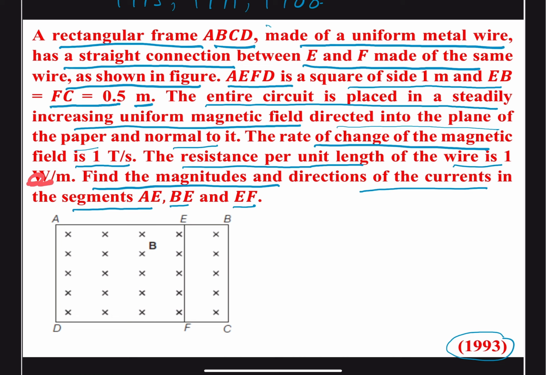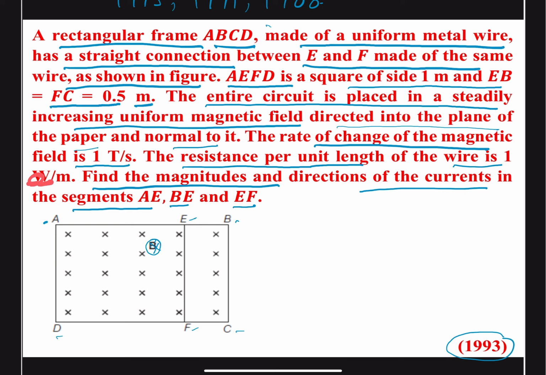So we are given this diagram. So we have a square A, B, C, D and we have a magnetic field which is directly into the paper. And separately E and F are joined and it is given that their respective lengths are given.